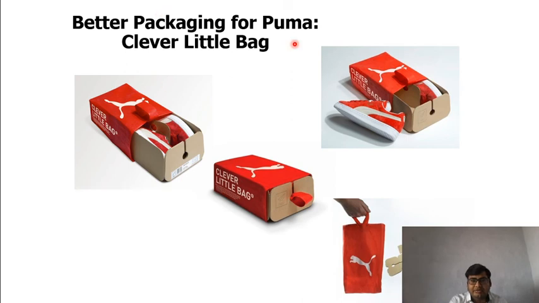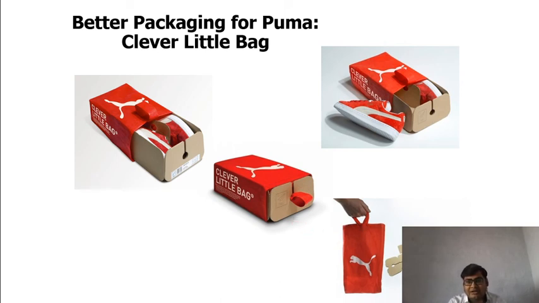And this is an example of design for environment from Puma. What they have done is they have designed a clever little bag which can be used as a bag also, and which can be used as a box also, and it uses minimum material.